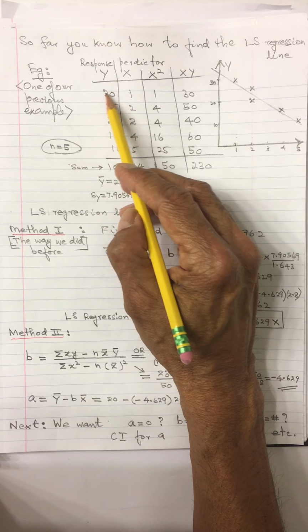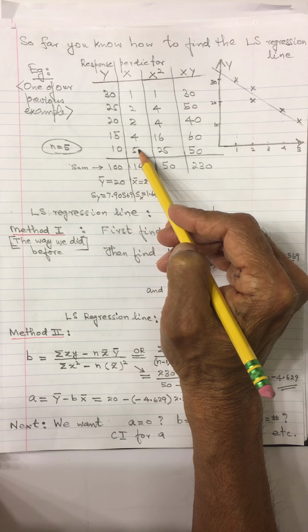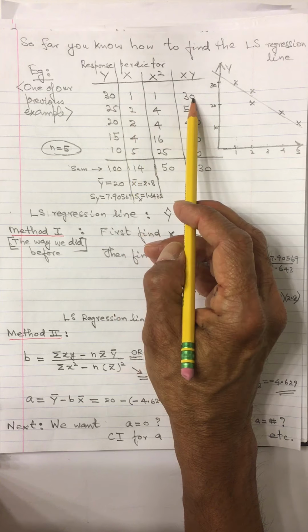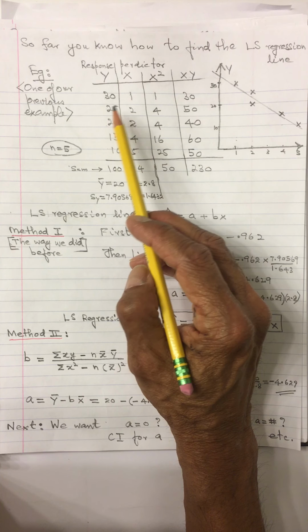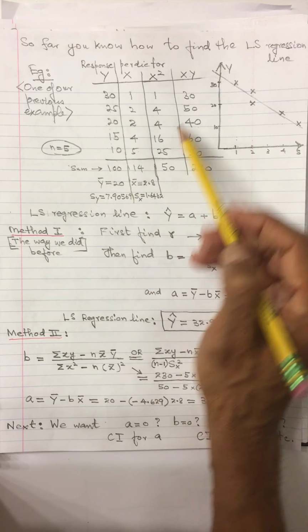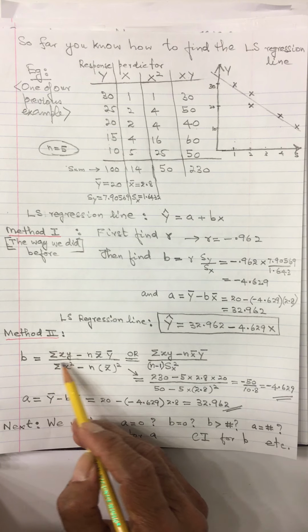In other words, this value times that, this value times that. You need to take the product and add them up. So this times that is 30, this times that is 50, this times that is 40, and like that. When you add them up, that is 230. So this value is 230.